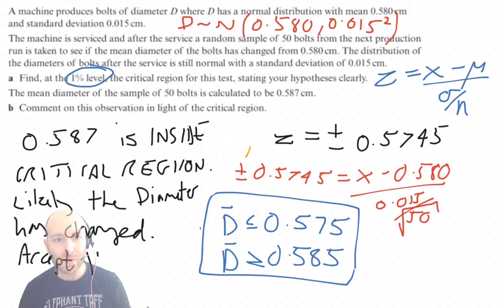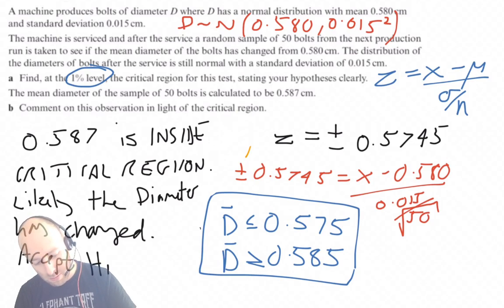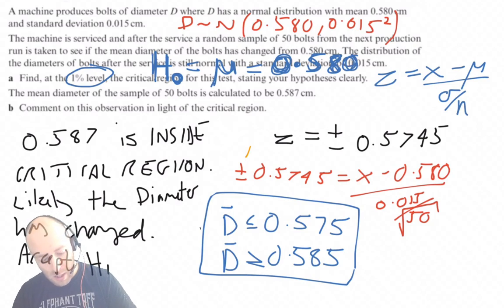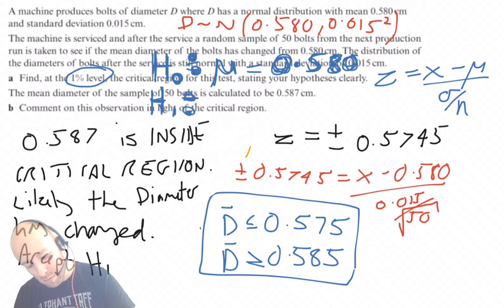H1. I forgot to write my hypotheses down for this one. So just to make sure we got those, H0: the mean is 0.580. And H1, oops, should be dots, not equals: mu is not equal to 0.580.